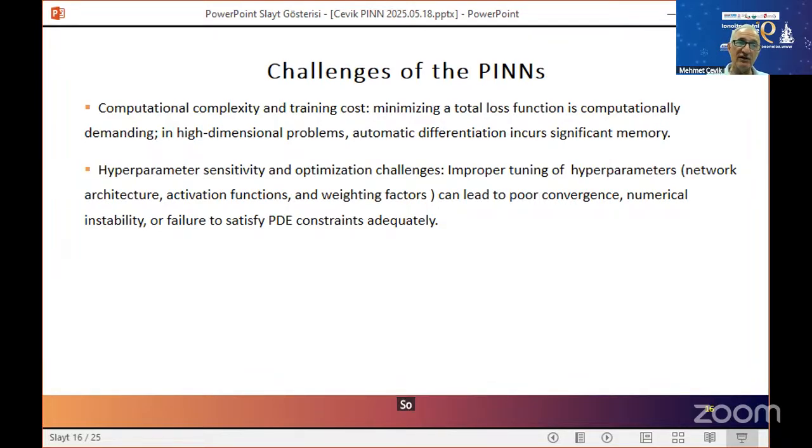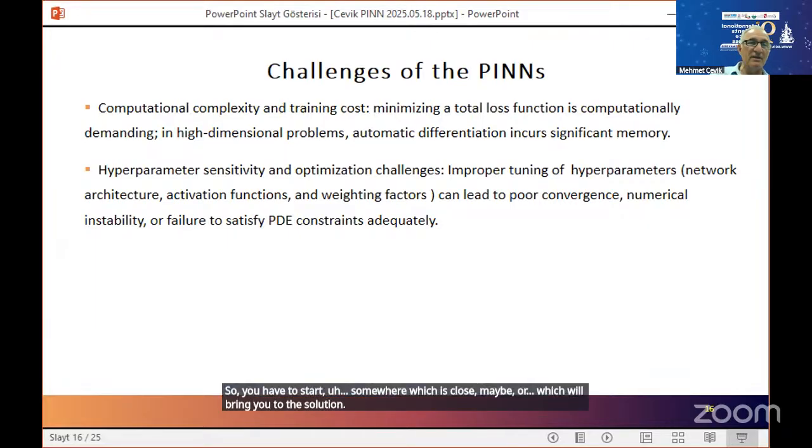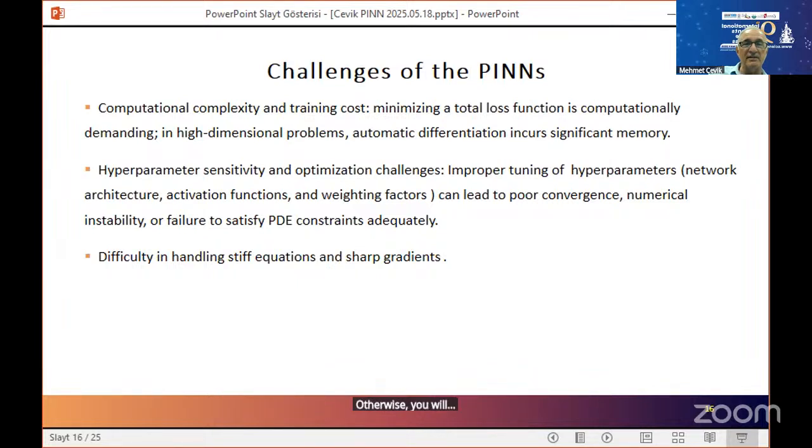So you have to start somewhere which is close, maybe, or which will bring you to the solution. Otherwise, you will face numerical instabilities. It's also difficult in handling stiff equations.